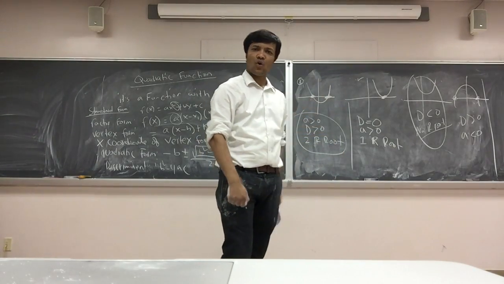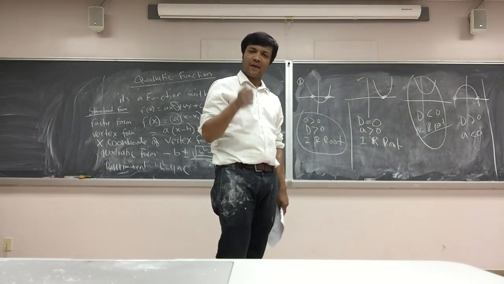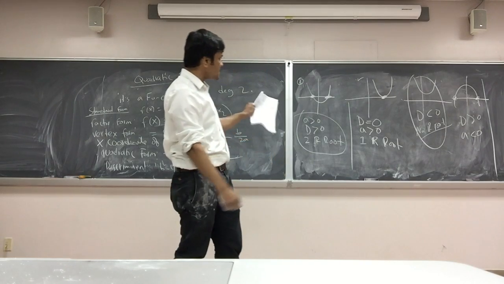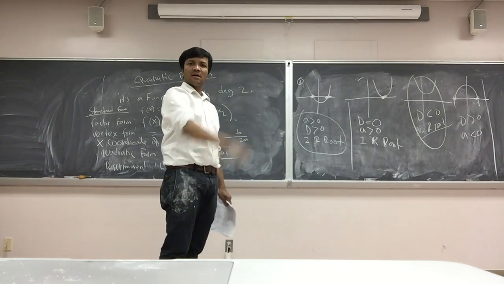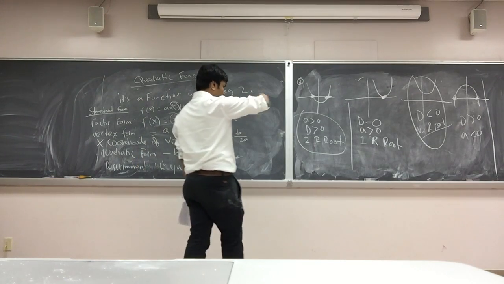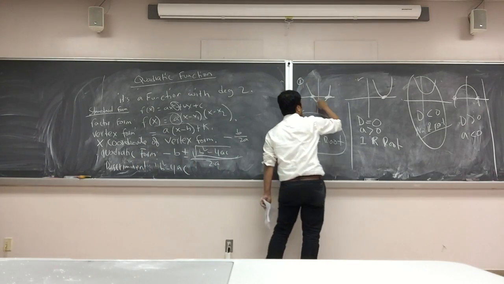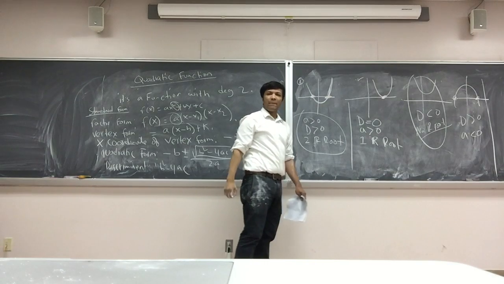But the parabola would be upside down if a is negative. If a is positive, two real roots, and the parabola is a regular parabola, an upward parabola.